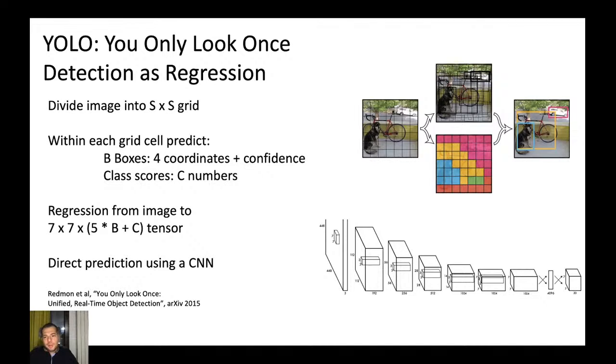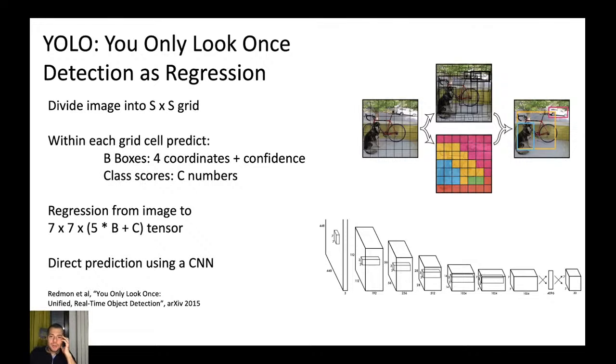Joseph Redmon was doing a live demo on stage from his laptop, and I remember the algorithm was running in real time on the laptop. He was recognizing some objects, some toys that he brought with himself. So it was really nice to see that it works so well in this live demo.